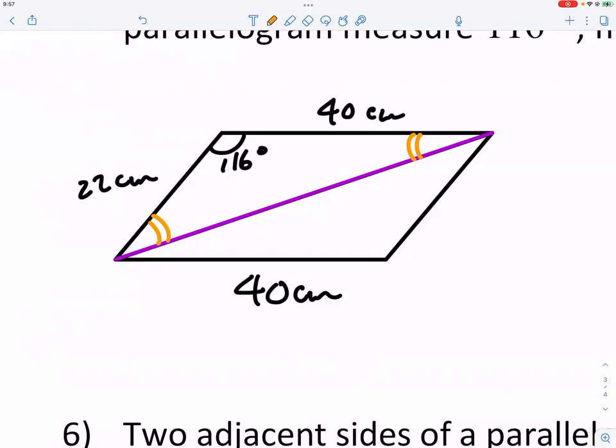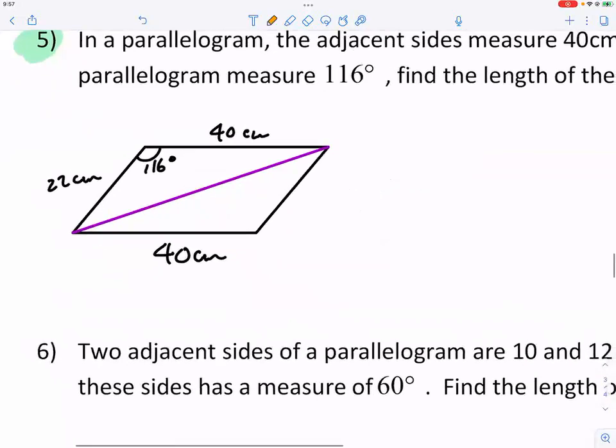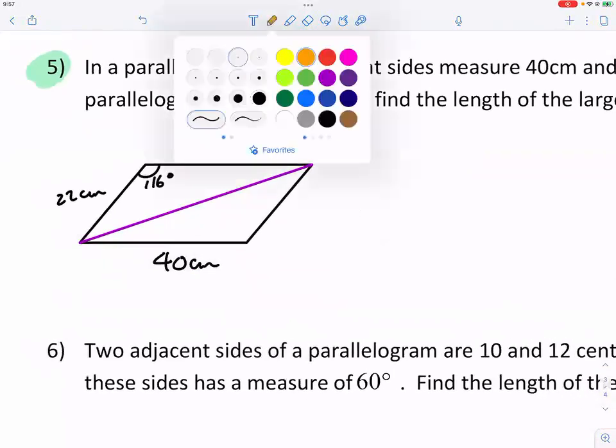How can you tell? The answer is no, but how can you tell that these two angles are not the same? The opposite sides are not the same, right? If these two angles are the same, then we are dealing with an isosceles triangle, and the two legs will be the same, but we do not have the same legs for both sides, so therefore they're not the same. So don't make that rash and incorrect conclusion.